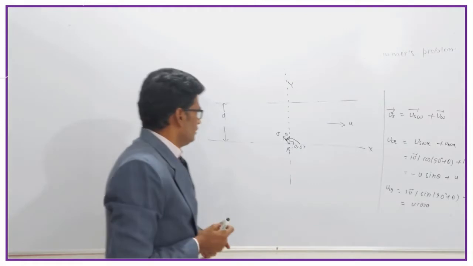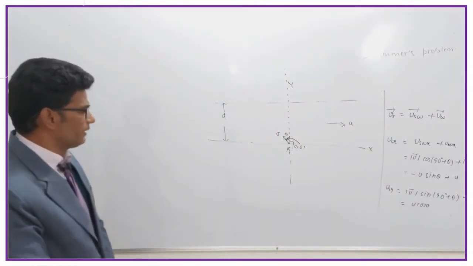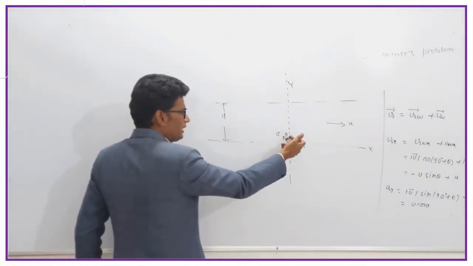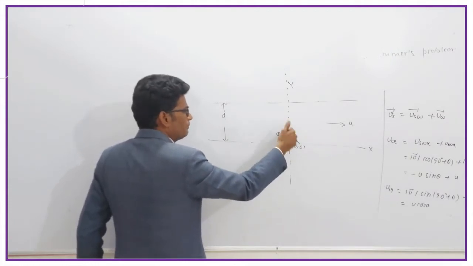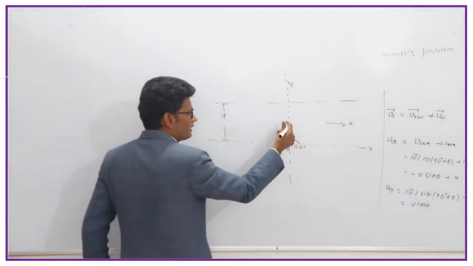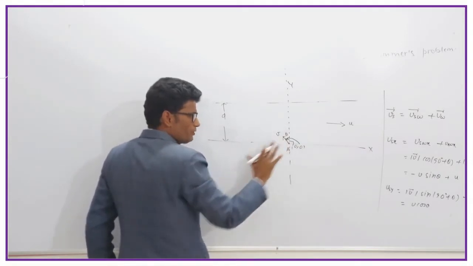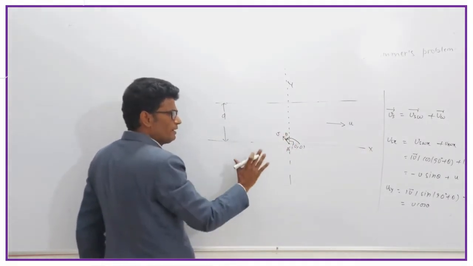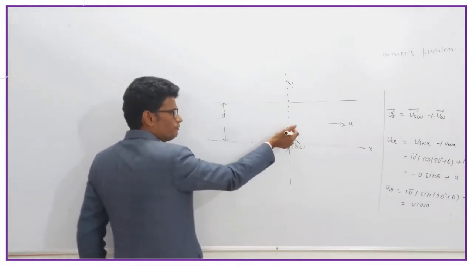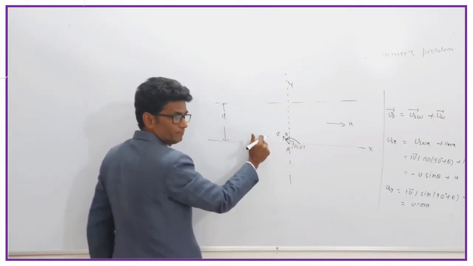Okay. Now, so look at here. One thing is very clear. If swimmer swims making angle theta 1 or theta 2, might have been angle from this way. If we take, look at here, we are taking this angle as positive, so that angle must be negative. So in the majority of teachers and the majority of books, you may find that angle has been taken from the flow direction, but for some reason we have taken from the positive direction of y-axis in anti-clockwise sense.